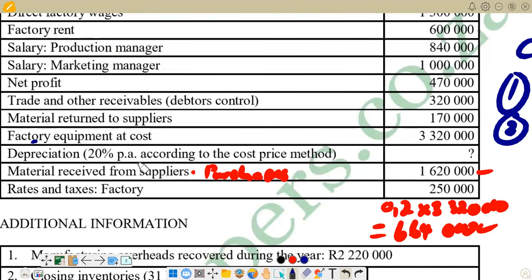So after depreciation, we've got material received from suppliers. These are the purchases that we have included. And lastly, we've got rates and taxes. So these ones also come as fixed costs. And remember, fixed costs, we said we put them under manufacturing overheads. So we've got rates and taxes, and the figure that we have there is 250,000. So if you come here, you put that figure again.